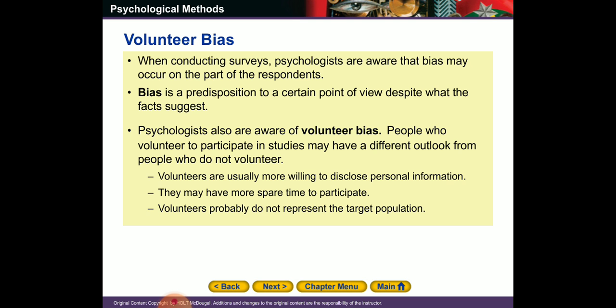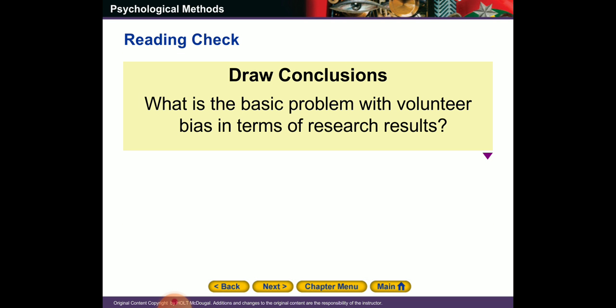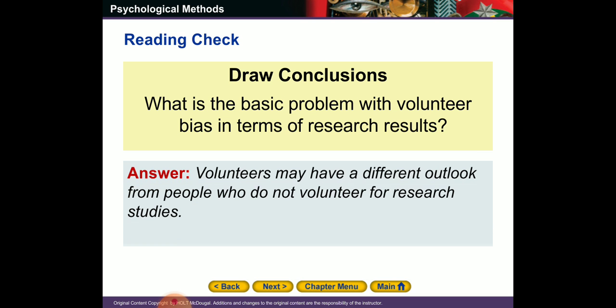But volunteers probably do not represent the target population. So, what's the basic problem with volunteer bias in terms of research results? Volunteers may have a different outlook from people who do not volunteer for research studies.